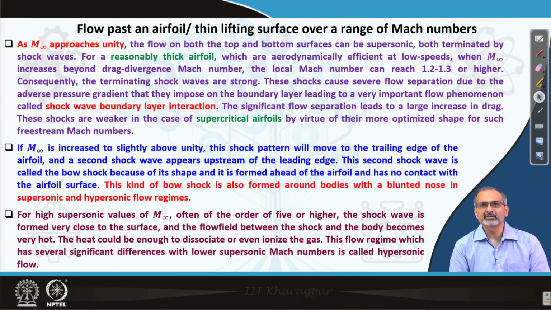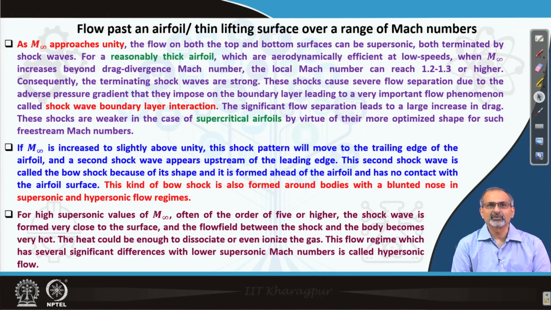These shocks can cause severe flow separation due to the adverse pressure gradient that they impose on the boundary layer, leading to a very important flow phenomenon called shock wave boundary layer interaction, which we saw as one of the points to be studied in one of the weeks. The significant flow separation leads to a large increase in drag.